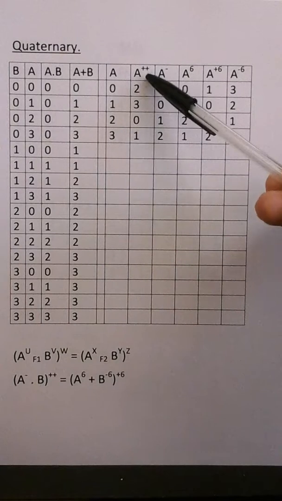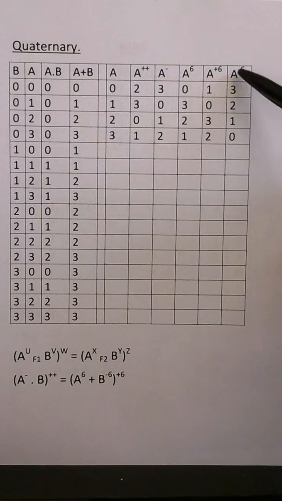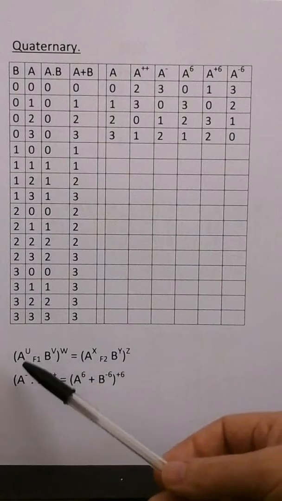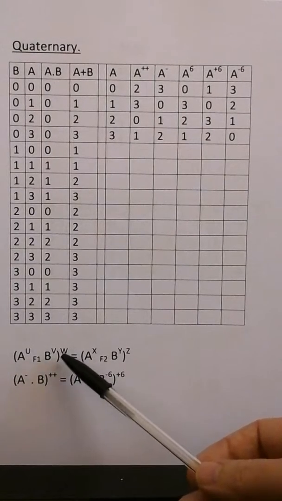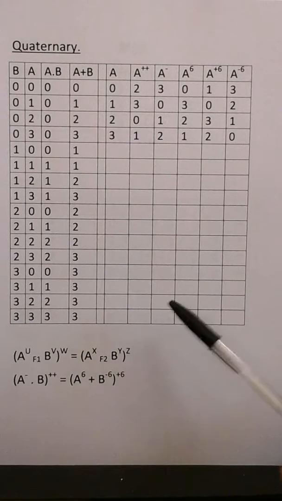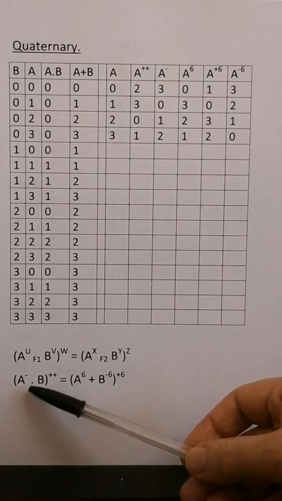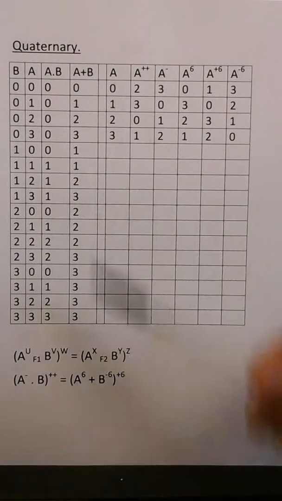So we have A plus plus, and A minus, A6, A plus 6, and A minus 6. So we're going to use the formula AU F1 BV to the W equals AX F2 BY to the Z.